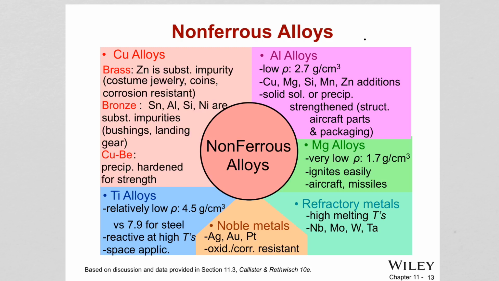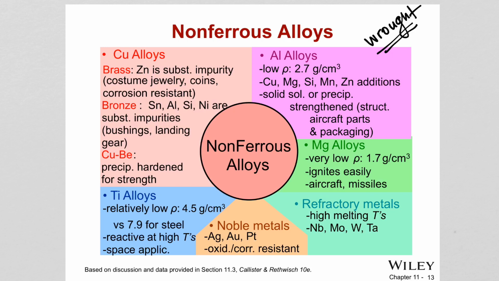But when we say wrought alloys, these materials can be deformed with manufacturing techniques. So we are seeing here different types of alloys: copper alloys, aluminum alloys, magnesium alloys, titanium alloys, noble metals, and refractory metals.